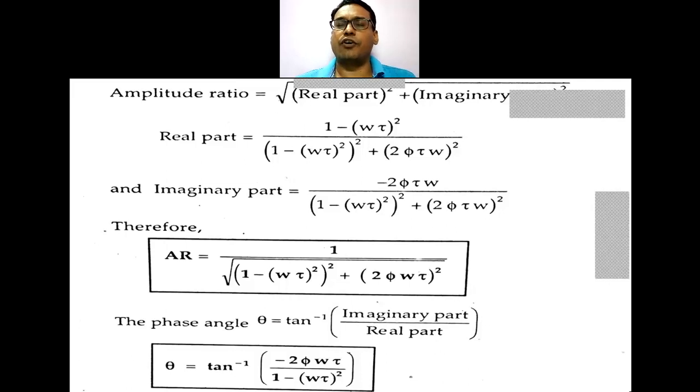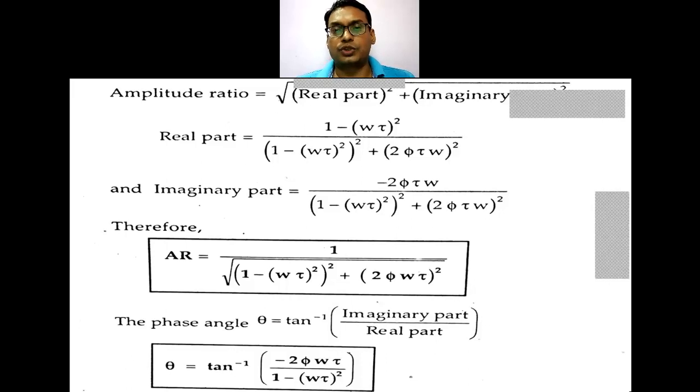Initially we converted the transfer function in terms of a complex number by substituting s equal to j omega, then simplifying that, and then multiplying and dividing with a suitable term to rationalize it, then separating the imaginary part and real part, then calculating the value of amplitude ratio and the value of phase angle. So this is the standard procedure which we have to apply to every problem.